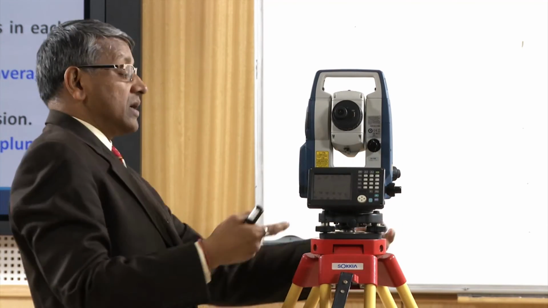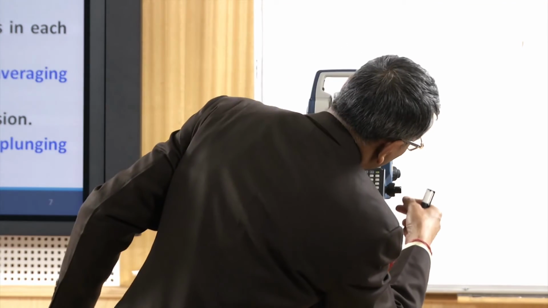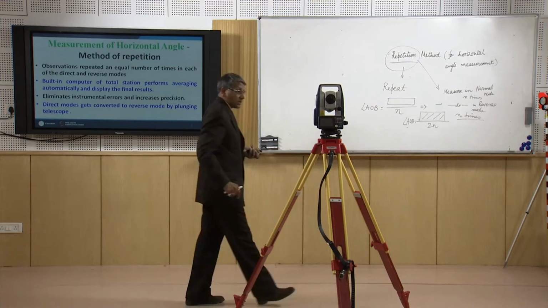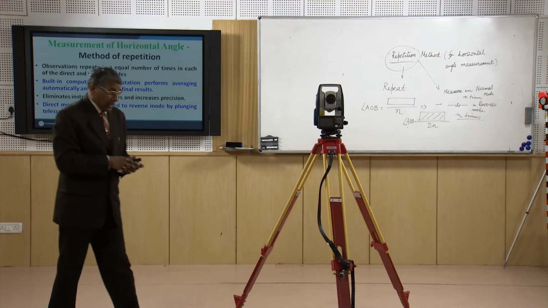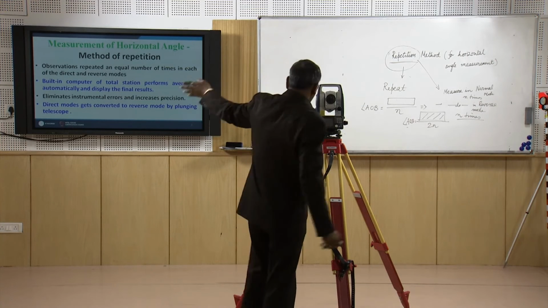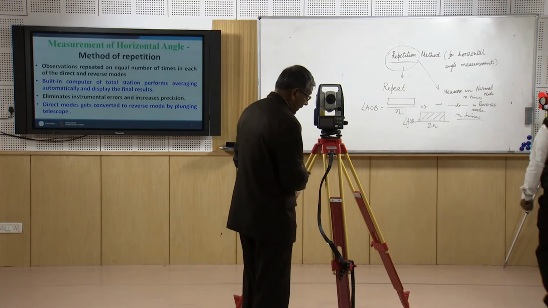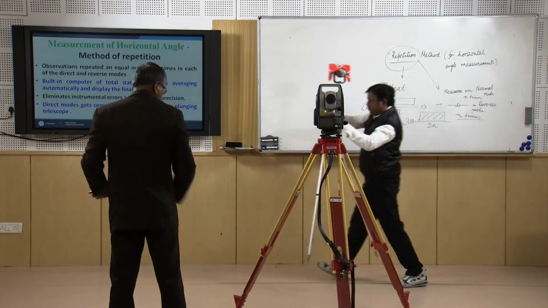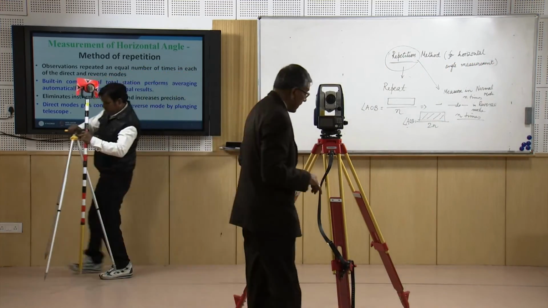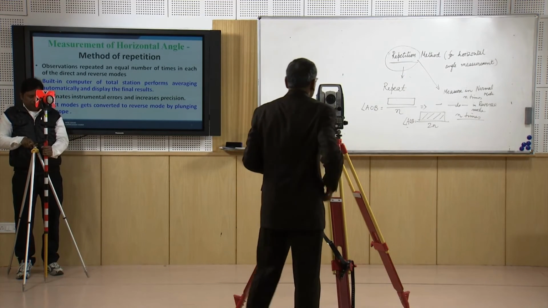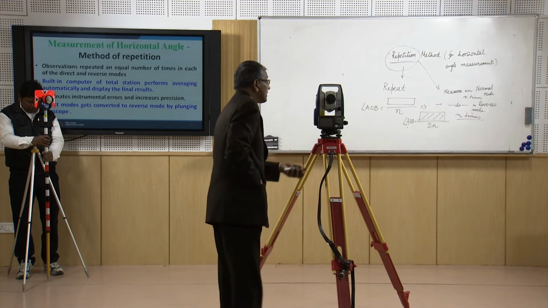So now I can demonstrate to you the measurement of horizontal angle by the method of repetition, keeping the instrument in normal mode. Again for the same normal mode, first we have to set up the instrument and make our temporary adjustment of the instrument, as we did in the case of measurement earlier.